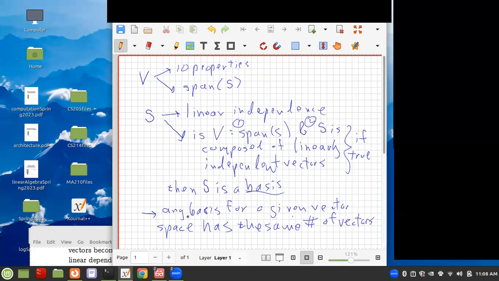So if you found one set S1 that was a basis, and you found another basis S2, those would each have the same number of vectors. They'll be completely different vectors, but they'll be the same number.